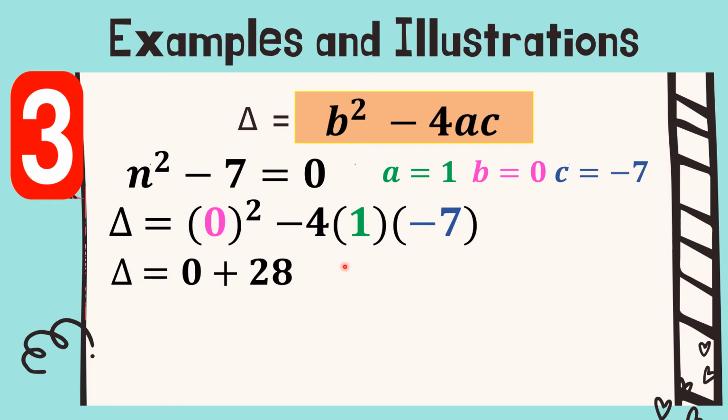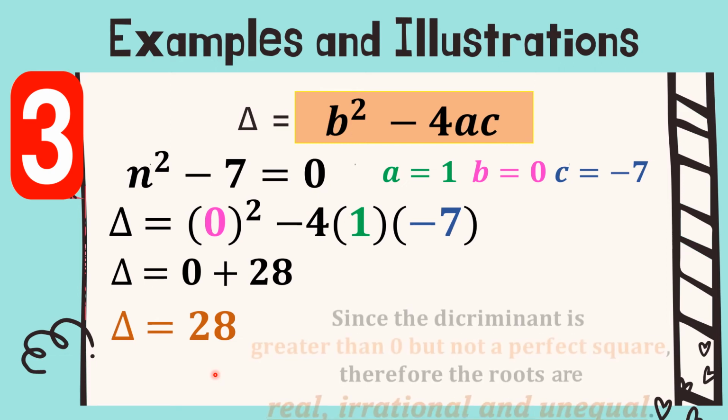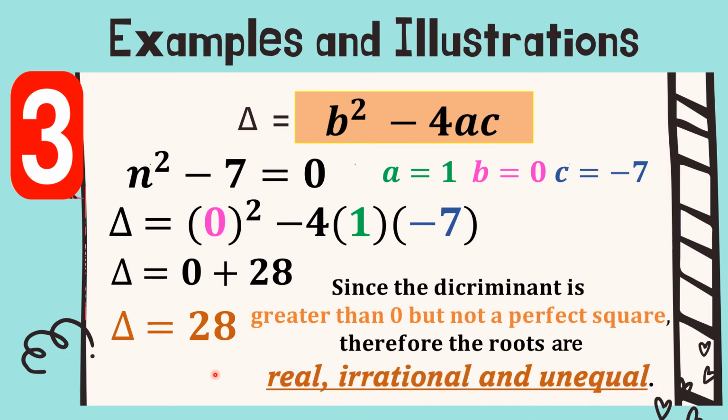Negative 4 times 1 is negative 4 times negative 7. That will become positive 28. So, 0 plus 28 is equal to 28. Since the discriminant value is equal to 28, which is greater than 0, but not a perfect square, therefore, the nature of the roots of the given quadratic equation are real, irrational, and unequal.